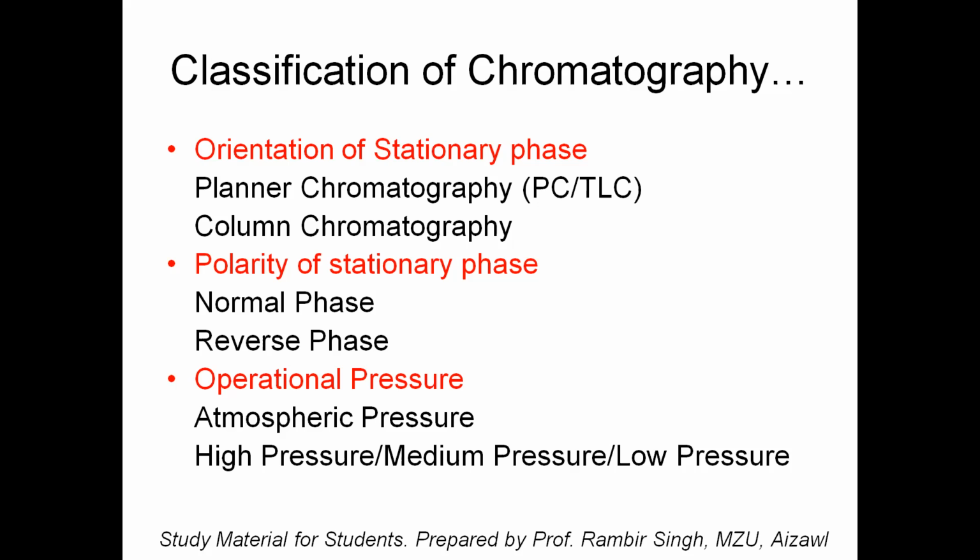So it is the most polar solvent available, right? The water molecule will interact with silica, and your protein will not be able to interact with silica. If there is no interaction of the protein with silica, that means there is no retention, and if there is no retention, there is no separation.